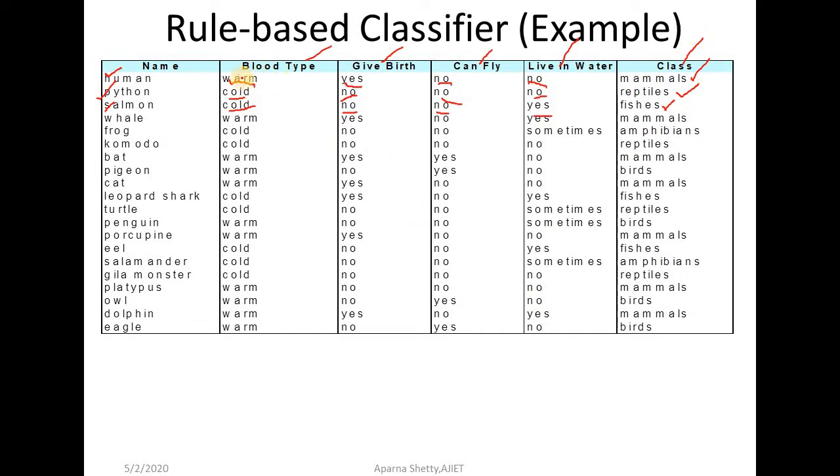Based on the values of the attributes, we can assign a class to each record. So based on the values of the attributes for human, we can classify human as a mammal.